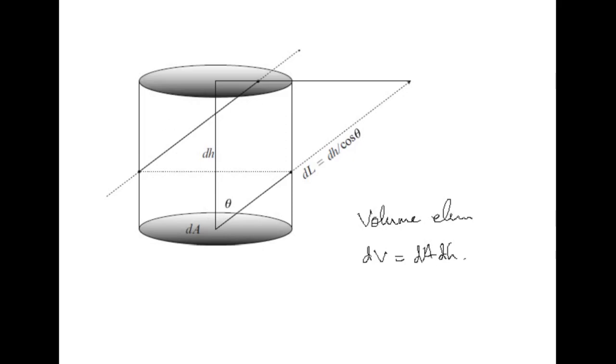We will consider a volume element that is projected normal to the emitting surface element dA, this one, so that dV is equal to dA dH. Now energy is emitted in a given direction theta, you see this direction, from the surface and will travel through this volume until it passes through the side.